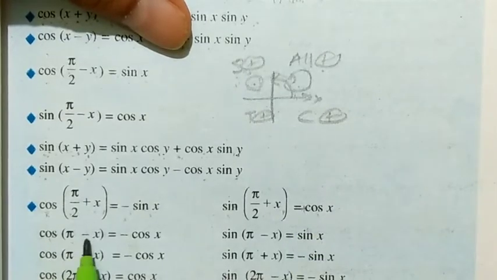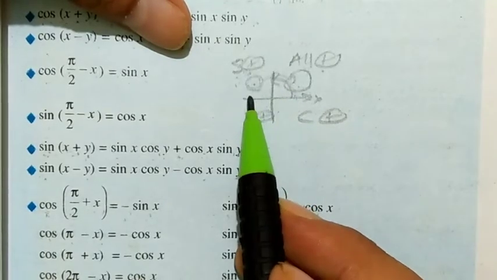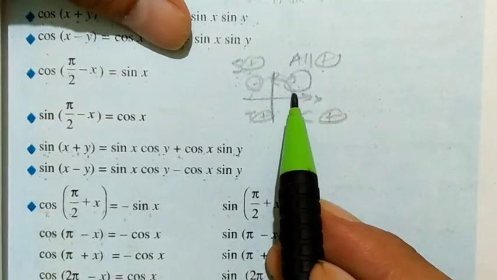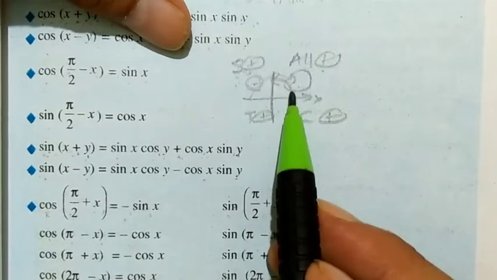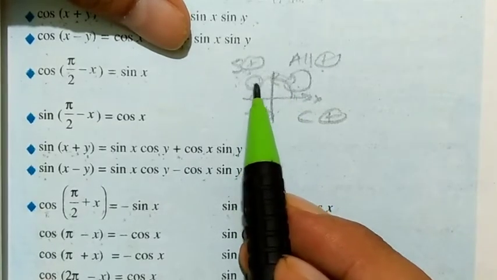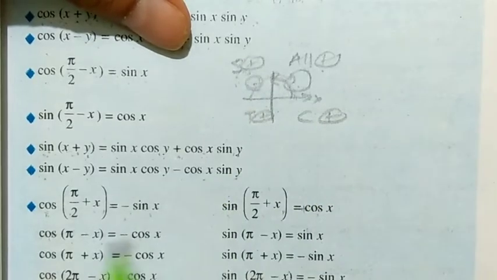Now cos of pi minus x. Pi minus x means pi, this is pi by 2, pi, so pi minus x. Okay, a positive angle means anti-clockwise and a negative angle means clockwise. So this is pi, and minus x means second quadrant. In the second quadrant cos is negative. This is cos and the name will not change because it is pi.